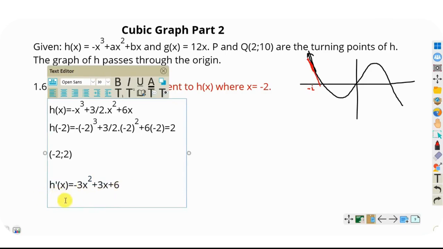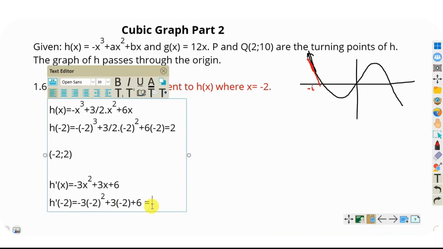So now that we have the gradient, find the gradient at x equals negative 2.